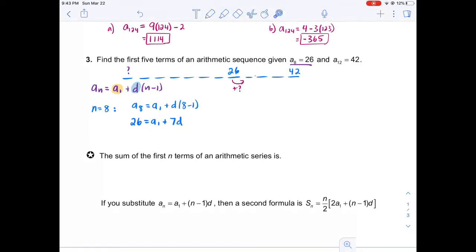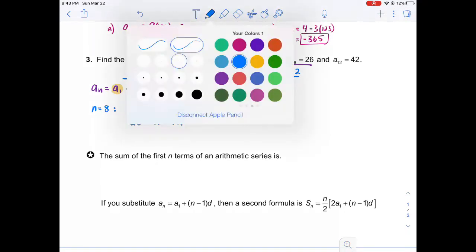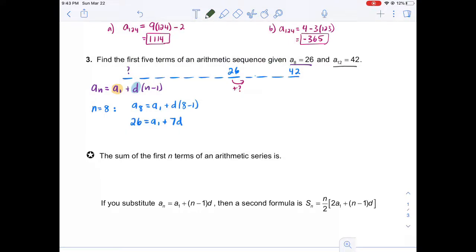I have two variables, two things I don't know, so I need two equations. Well, that is exactly where this next piece of information comes in, that the 12th term is 42. So when n is equal to 12, this means that A12, which is 42, is equal to A1 plus n minus 1 times d, which is 11d.